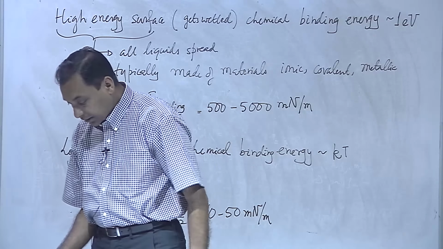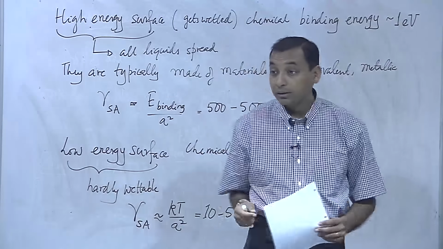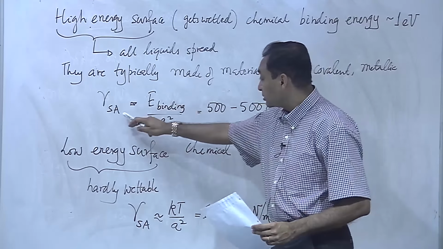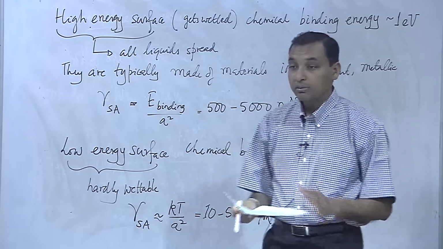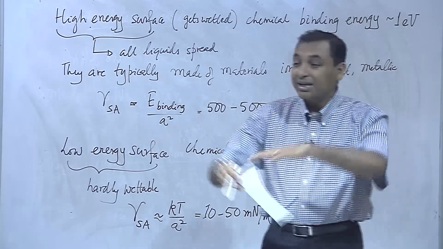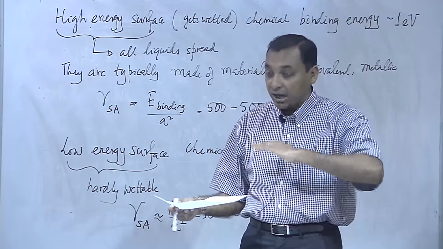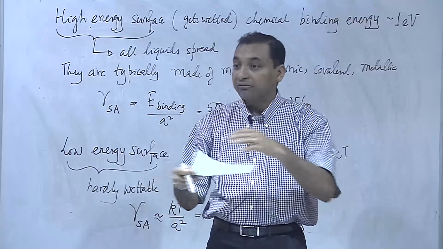Now, from the material characteristics point of view, what is this binding energy between two solid molecules? Remember, in the liquid we are talking about cohesion energy. Similarly, a solid is made up of molecules and atoms, so it will have that energy too.